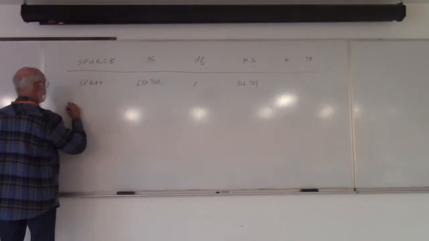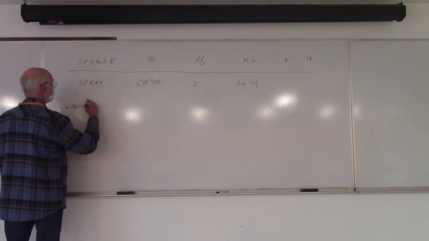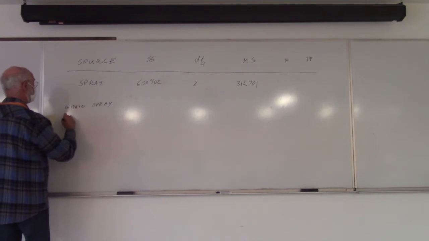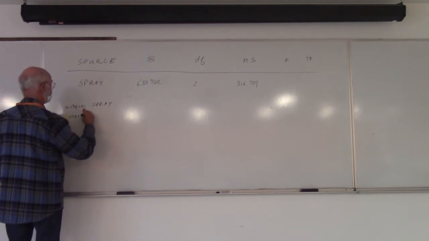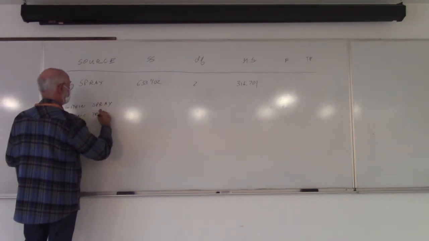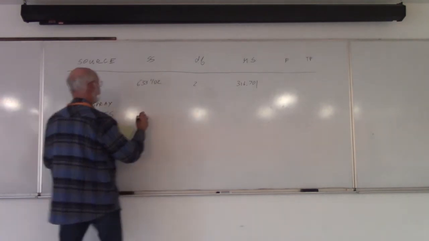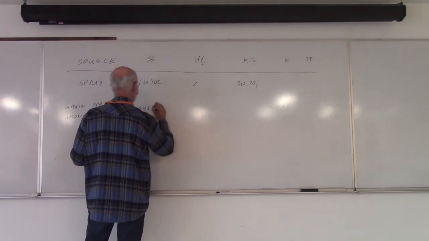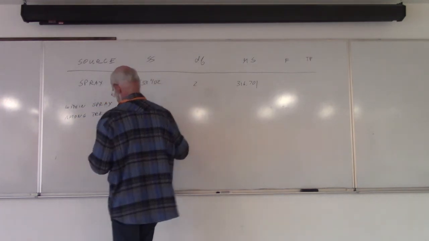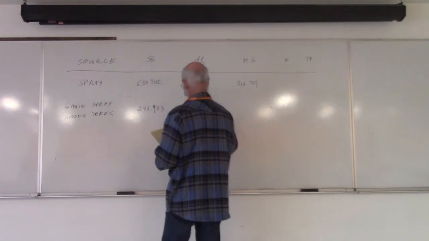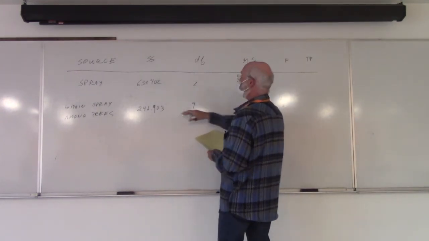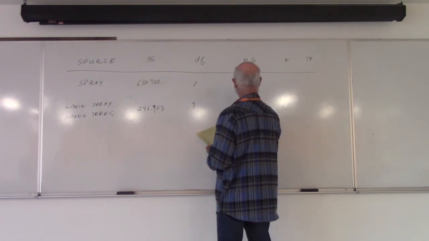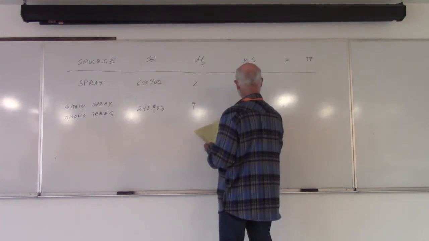For within spray, among trees, I get 246.903. I think that's a 9, yep. And I get 9 degrees of freedom right there. And 246.903 divided by 9 gives me 27.434.